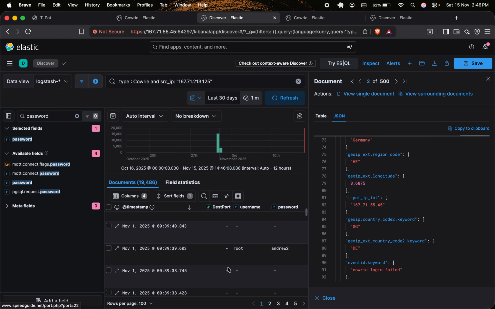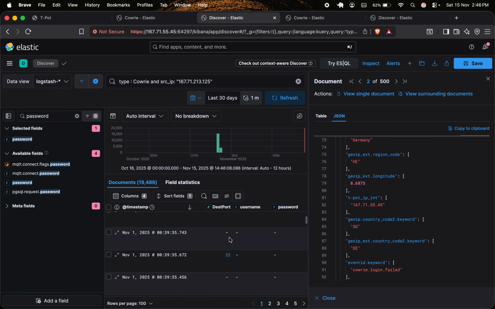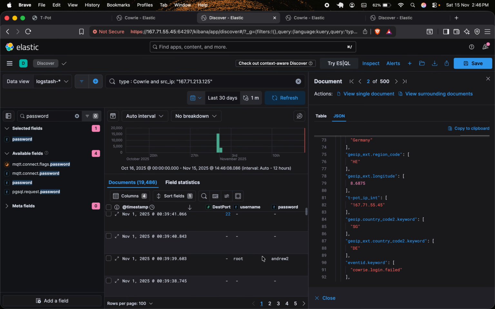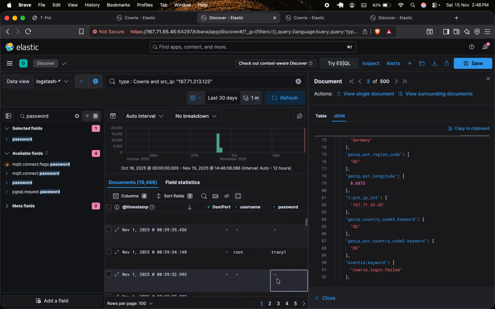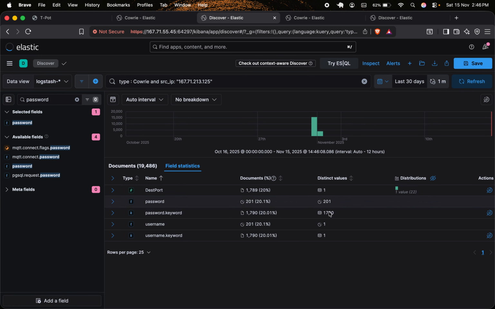This is the port number on which he tries to attack. These are some of the destination port 22, and this is the username root, with a password. Then again root, he changes the password. So his pattern is that he attacks over this port, and he keeps the same username but changes the password on some basis. And if we search, this is the search result on destination port.